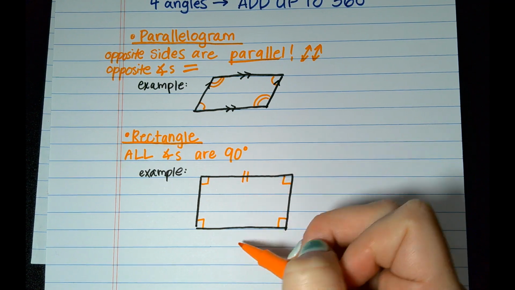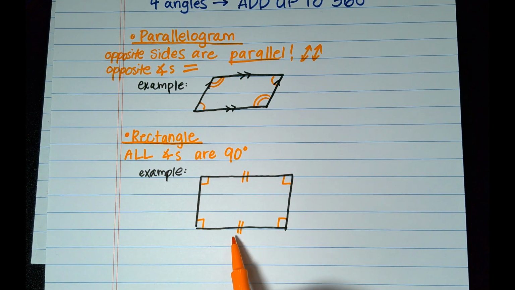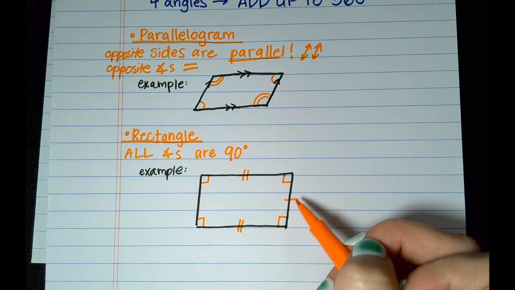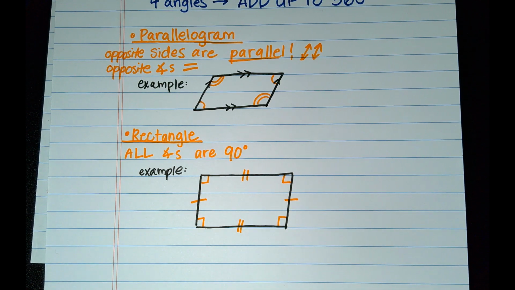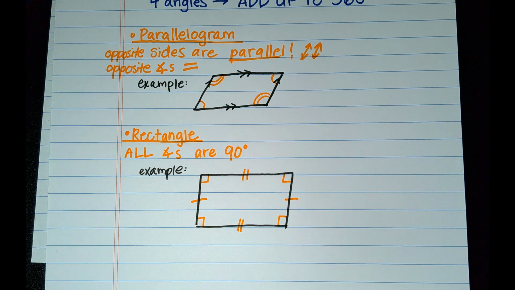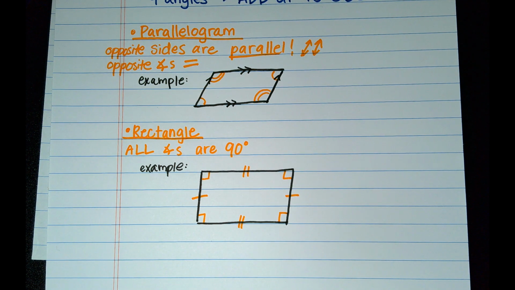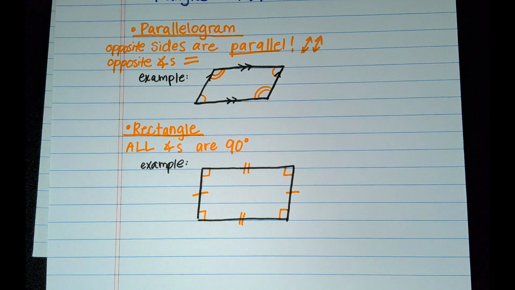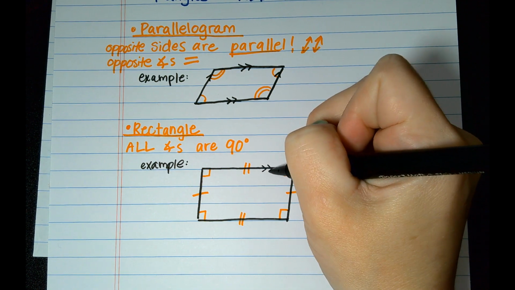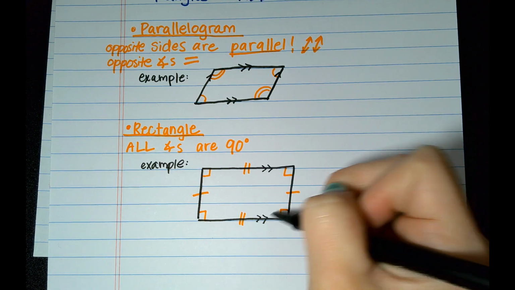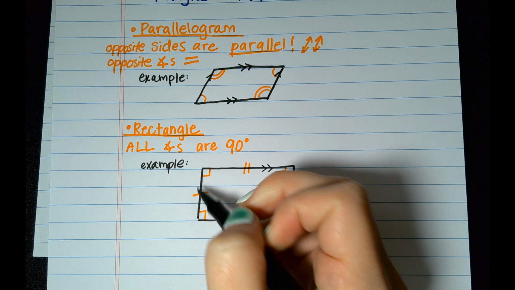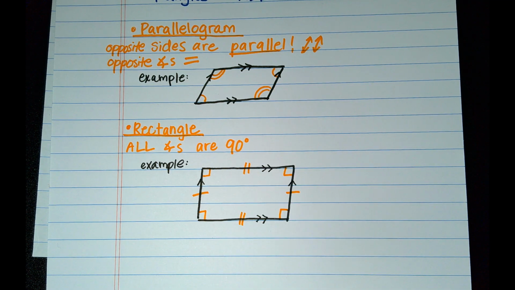So we could also put some of these little tick marks to show that they are equal. Okay. And I suppose you could also put the little arrows if you want, but there comes a point when we're being a little bit overkill.